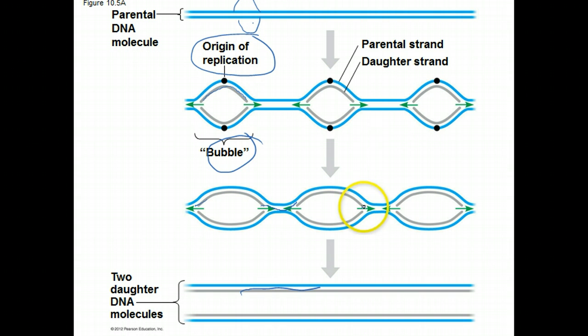So eventually these strands here will connect and that'll turn into a single new strand, meaning you'll have a completely new DNA molecule in addition to that newly synthesized daughter strand.